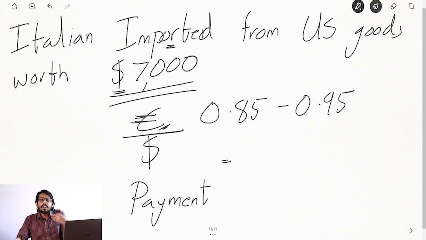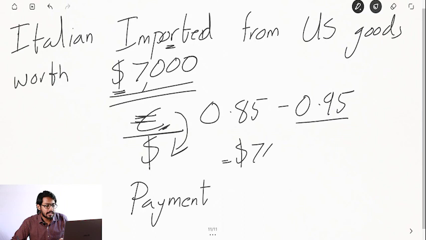You have to convert your euro, the euro that you have in your hand, to dollars. You have to convert euro to dollars. Down the ask 0.95. Okay, you have to convert euro to dollars. Down the ask, 0.95, dollars 7,000.